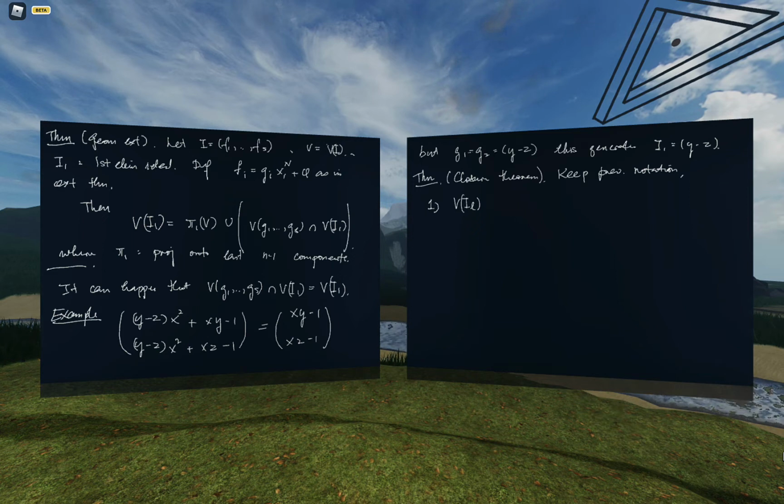So this is just a general statement: the Lth elimination ideal's affine variety V(I_L) is the smallest affine variety containing π_L(V) inside C^(n-L).